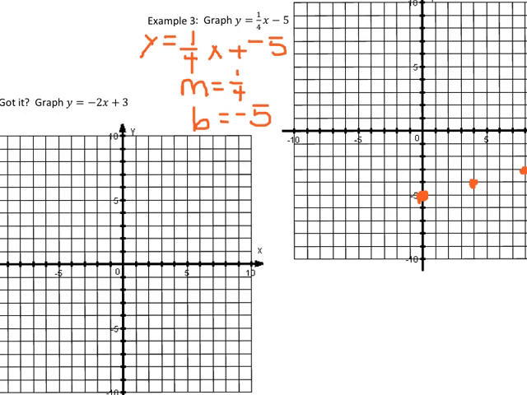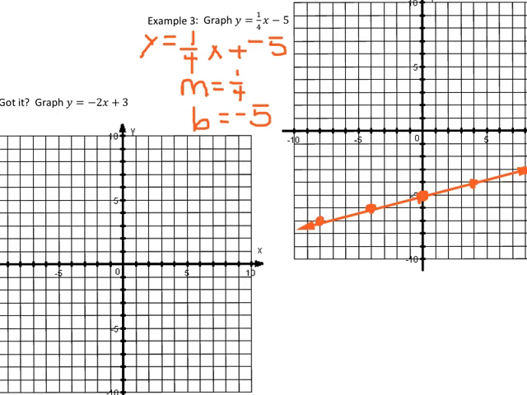So I have another point there. And remember, I could also go in the complete opposite direction. So I go down 1 and left 4. That would give me that point. Down 1, left 4 again. That's that point. And now I'm ready to connect the points with a line. Make sure you use a straight edge and don't try to do that by hand. And that is what the equation looks like on a graph.